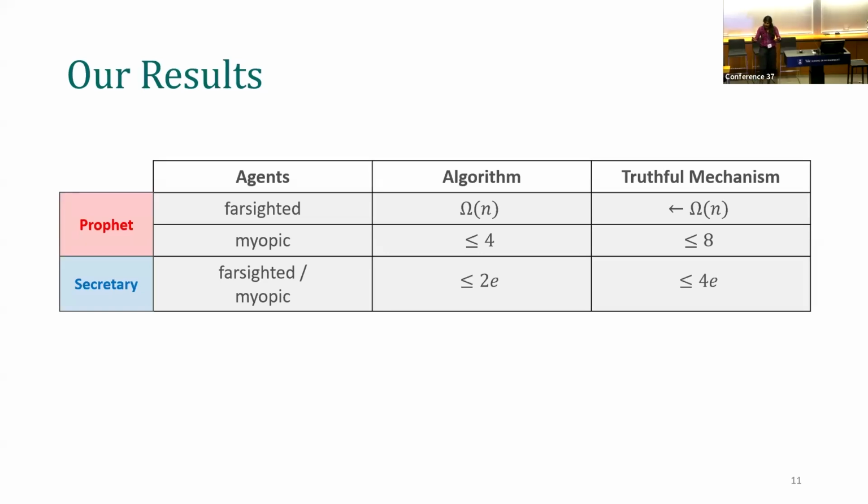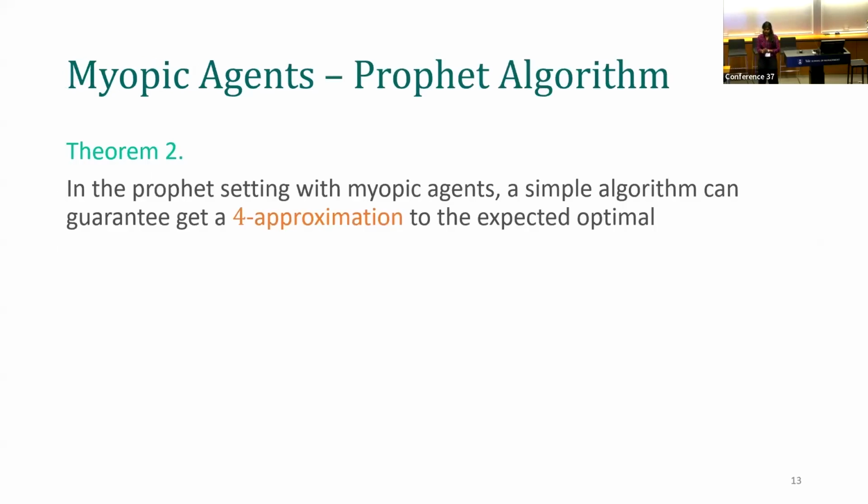I'm going to see a random subset of agents in the past, so that gives me a good estimate of what the value will be on the whole set. So in the secretary setting, we don't need to worry about far-sighted and myopic. But in the profit setting, even though in the far-sighted agent setting we can't do anything better than omega n, when the agents are all myopic, we can actually guarantee a constant factor approximation to the offline optimal. And that's what we're going to look at closely right now.